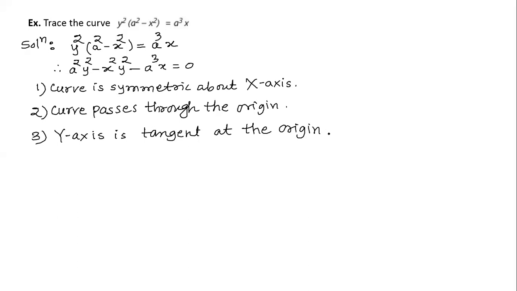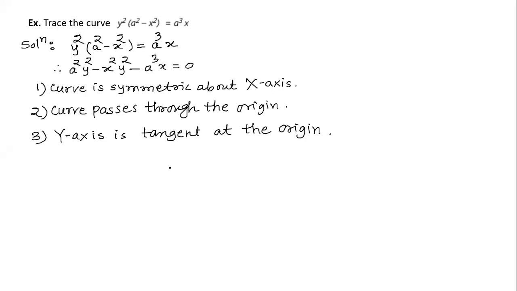I am simultaneously trying to draw a rough sketch of this graph. Here, the curve is symmetric about the x-axis, the curve passes through the origin, and the y-axis is tangent at the origin. So let us draw a rough sketch here.